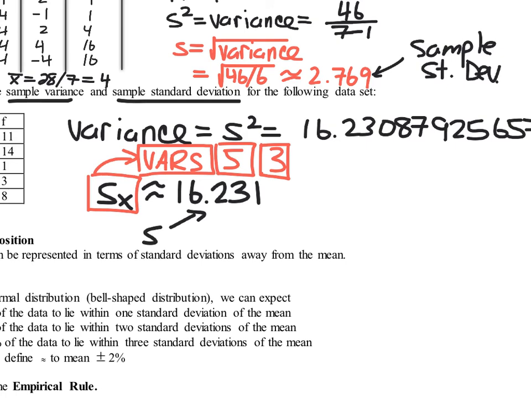So it's VARs, then option 5, which is statistics, and then option 3 is the one that says SX. And so that'll bring that right into your home screen.